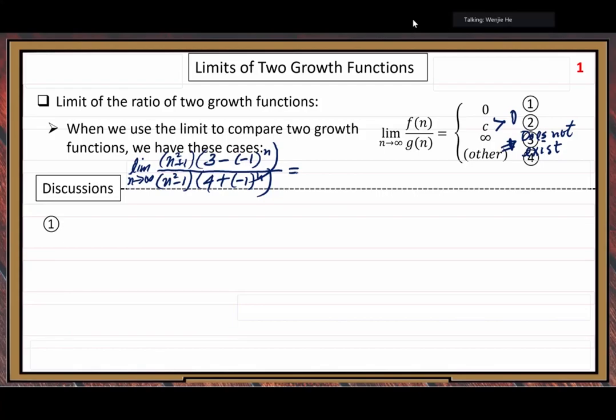In this example, first, n squared plus 1 and n squared minus 1: can we cancel them out? Because plus 1 and minus 1 differ by so little. If you do not feel comfortable with the cancellation, I can write one more step. Can we divide the numerator and denominator both by n squared?